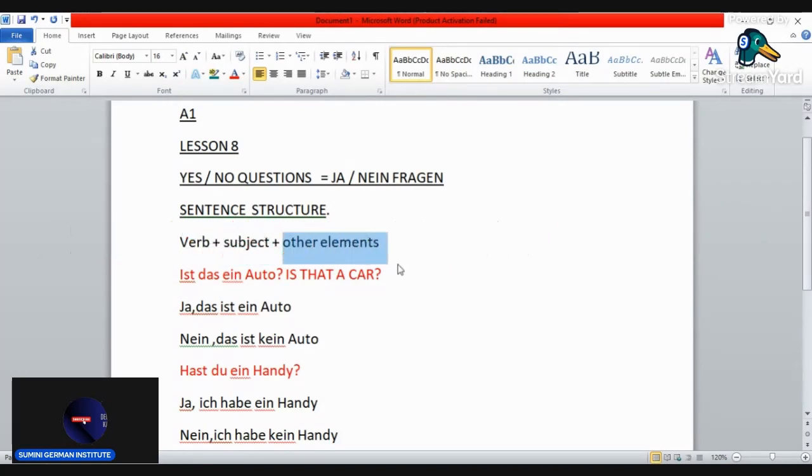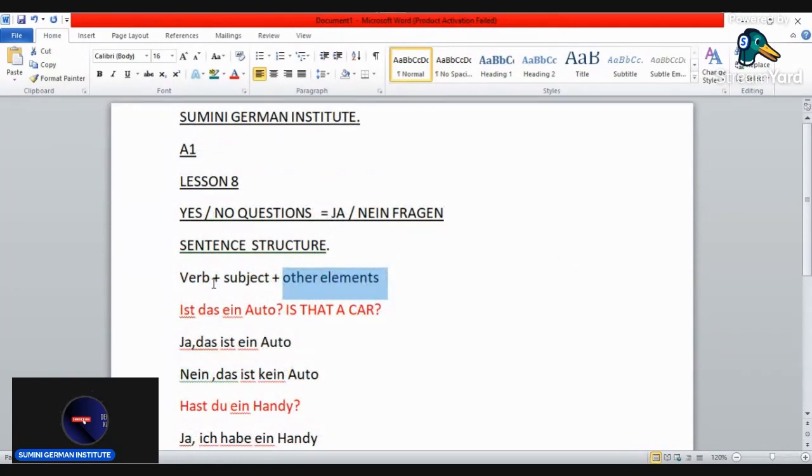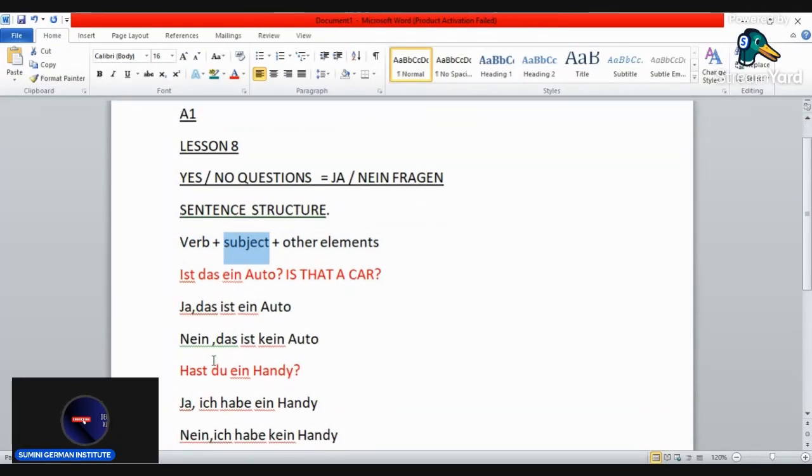You must follow that order. So this verb here has to be conjugated according to the subject. For example, hast du ein Handy? We have the verb hast and the subject du. So this verb has been conjugated according to du.